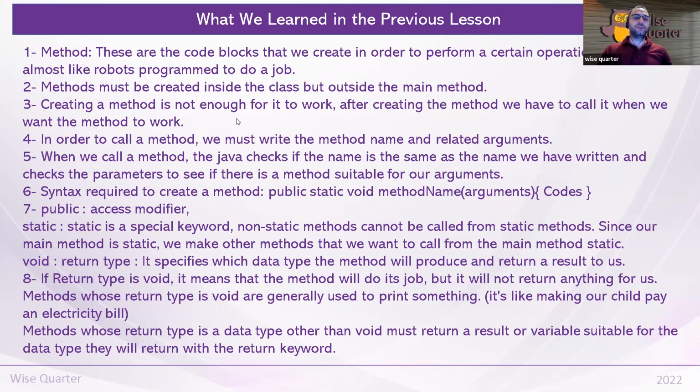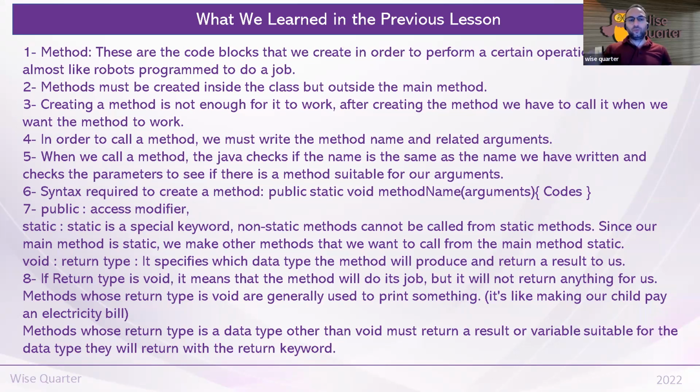Yes, creating a method is not enough. Let's say you have a machine, but you are not using it. There's a robot there, but still it is in the storage room. It won't work. You have to put it in the production line. Methods are like that. If you want to use it, you have to call it.